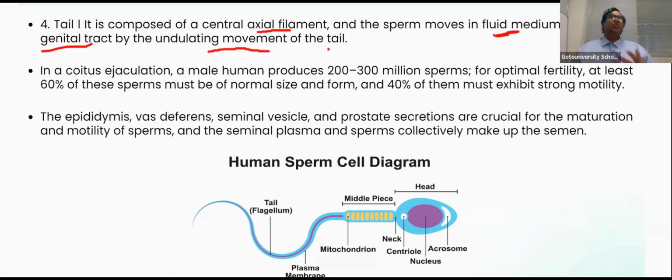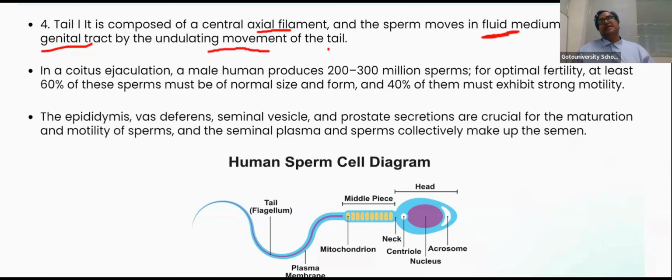The vulva is the first layer, then after that the vagina, then the cervical canal. All these structures are part of the genital tract, right? So what exactly is the genital tract made up of? What does this fluid denote? The fluid coming from the male is called semen.